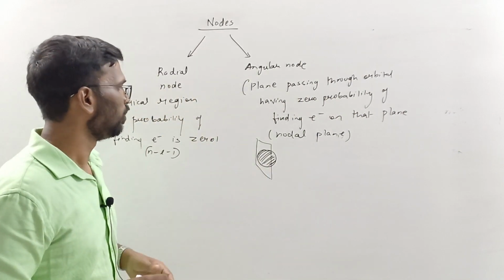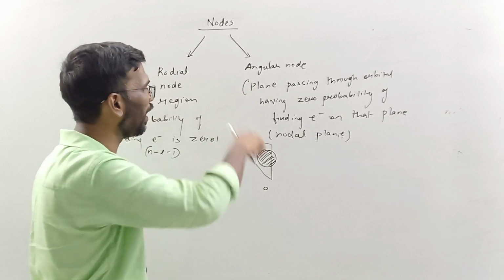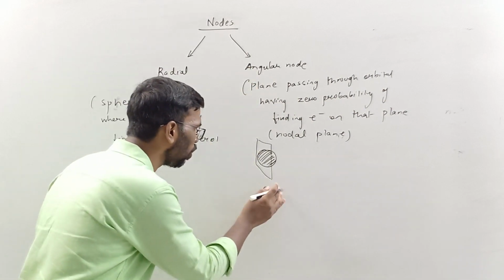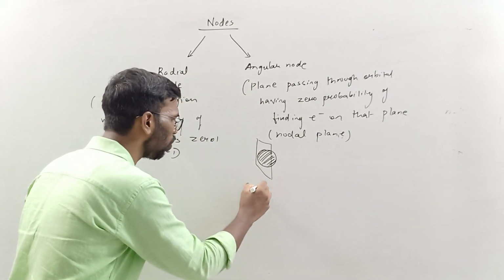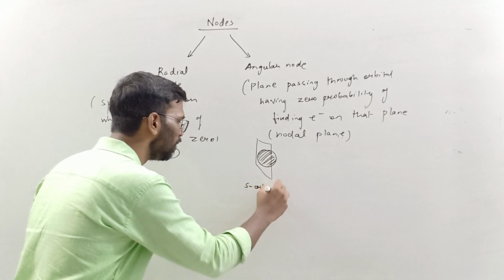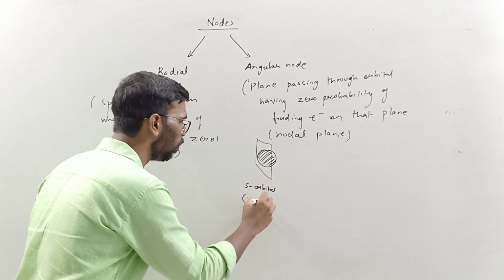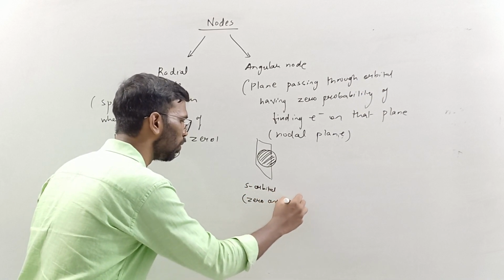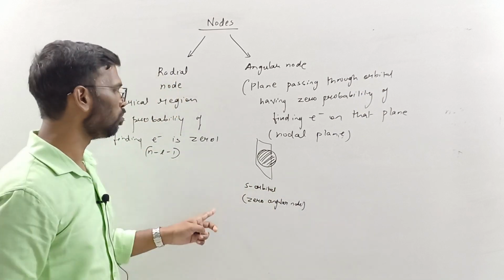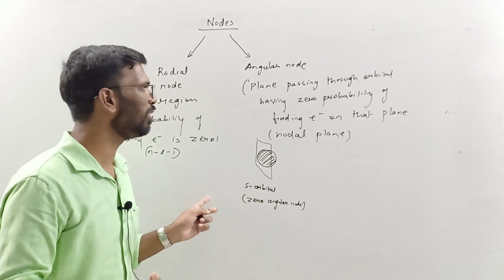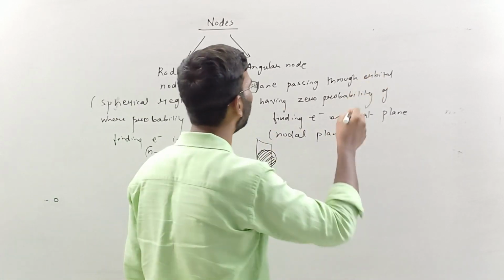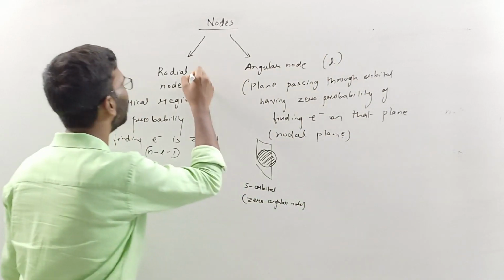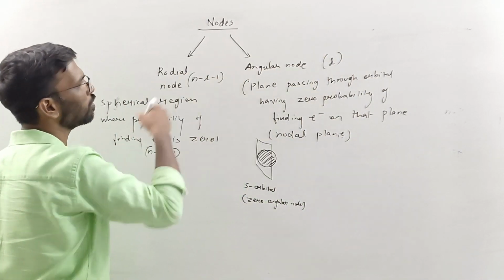So there are 0 angular nodes for an s orbital. The l value for the s orbital is 0, and the angular node is given by l, and the radial node is n minus l minus 1, right?